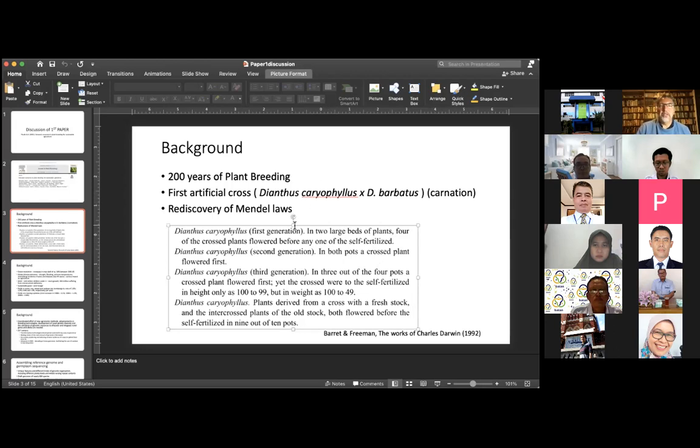And together with this work from Darwin, there was this rediscovery of Mendel's laws.